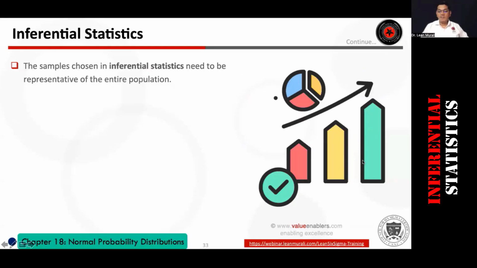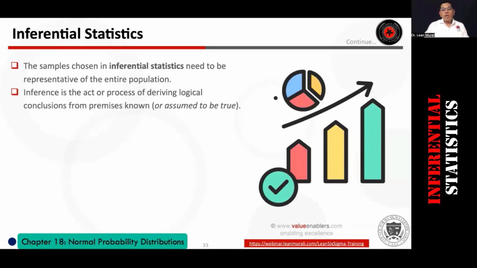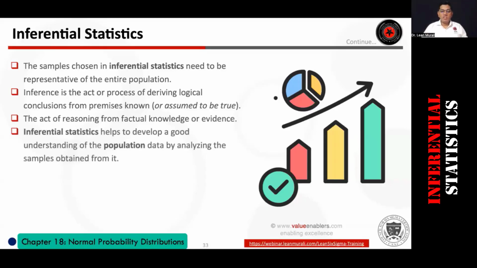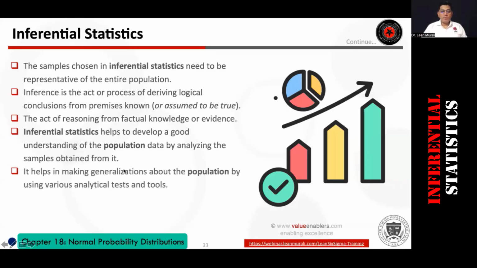Okay, don't do that. So inference is an act or a process of deriving logical conclusions from the premises, the act of reasoning from knowledge. It helps develop a good understanding of the population data by analyzing the samples, and we can make generalizations about the population by various analysis tests and tools.